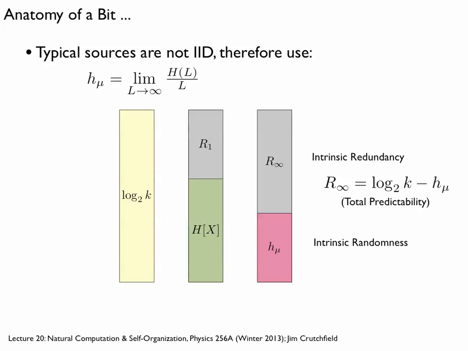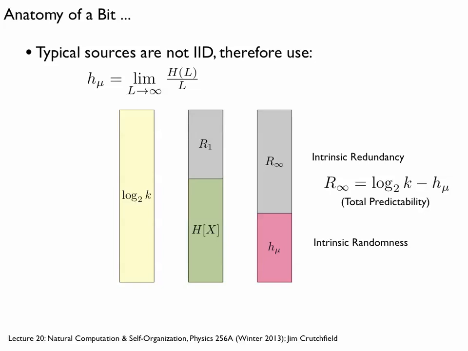And we spent a lot of time interpreting that. So we have a similar picture, right? Now, this h mu can be less than the single entropy. Typically it is; they'll be the same if it's multinomial, but typically signals have more redundancy over pairs and triples and so on.